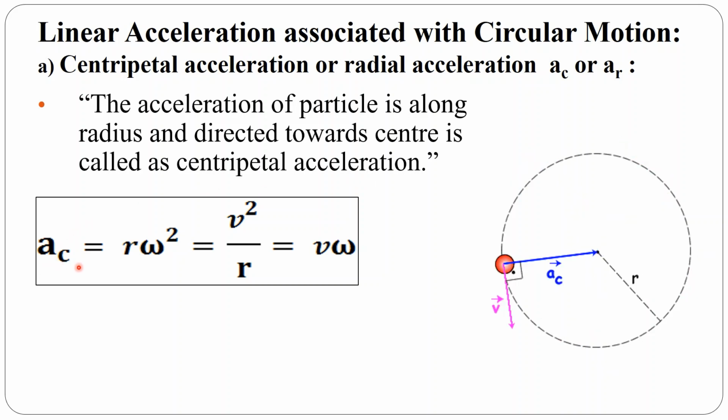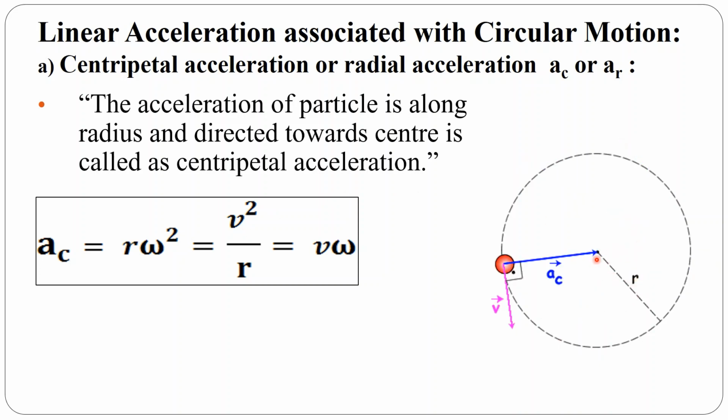It is given by the formula ac = r omega square, or v square upon r, or v omega, where r is radius vector, omega is angular velocity, and v is linear or tangential velocity.